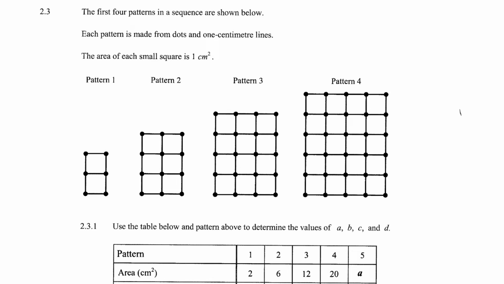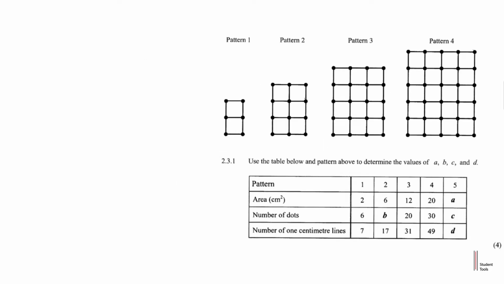Right, so we have this table showing pattern, area, number of dots, number of 1 centimeter lines. So we are supposed to determine the value of A, B, C, and D. So how are we going to do that? For A, we have to show the area in centimeters squared of the pattern number 5, which means it's the pattern after pattern number 4.